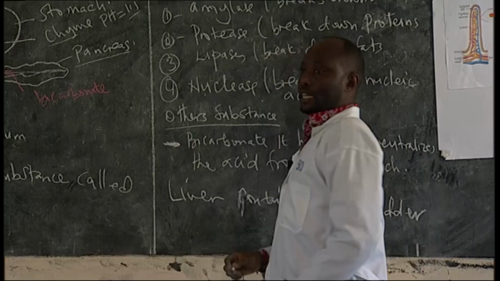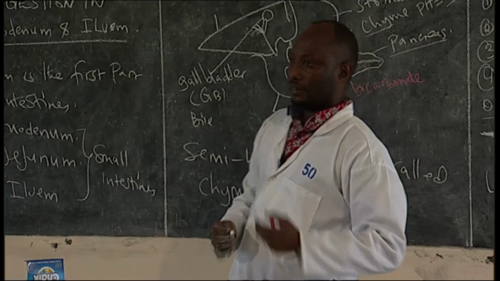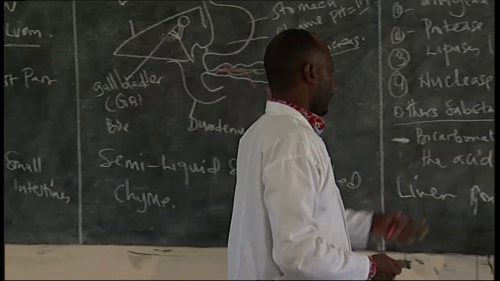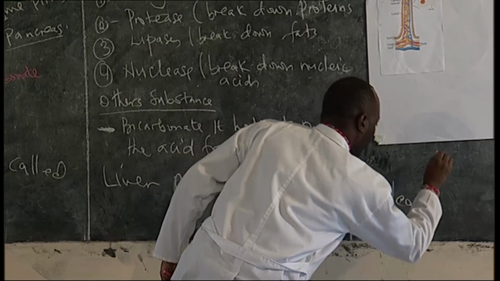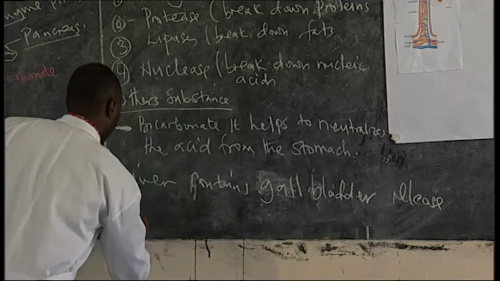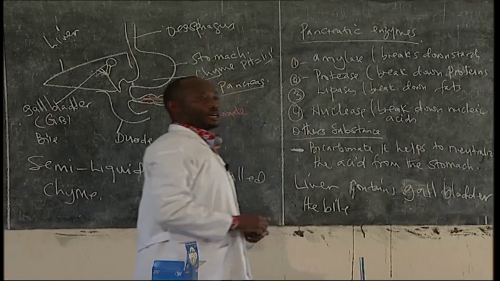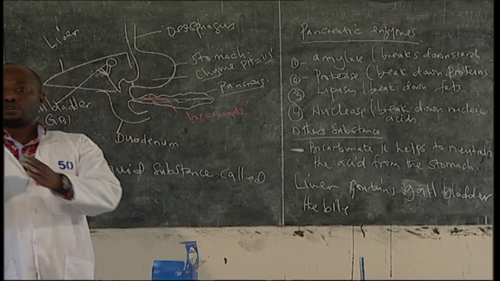The gallbladder is very important to release bile. It releases the bile, bile pigments and even bile salts. The gallbladder releases the bile, and one of the functions of bile is emulsification of fats.